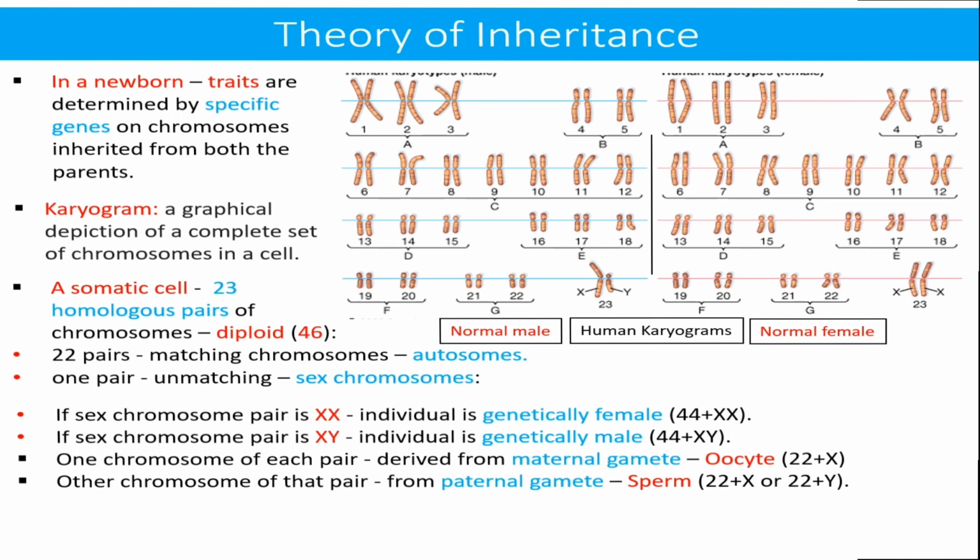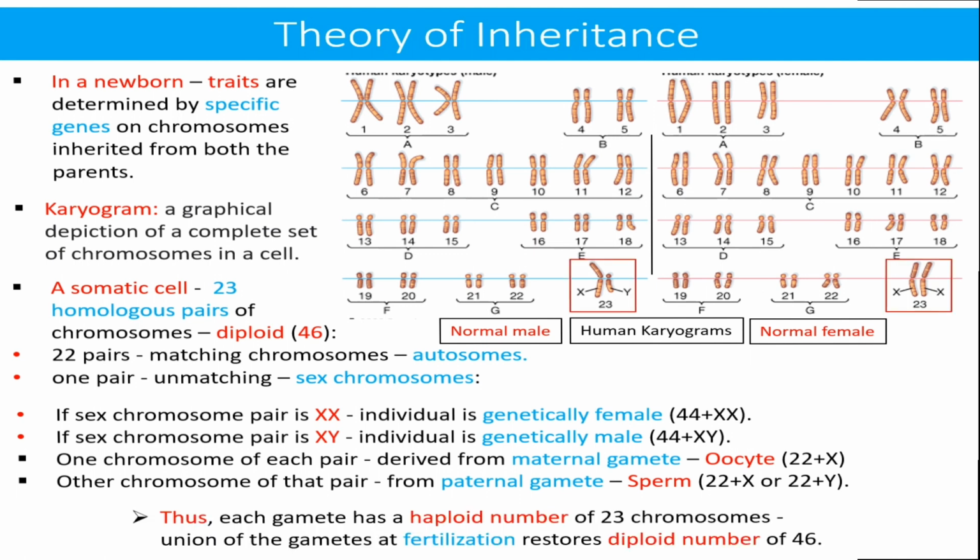One chromosome of each pair is derived from the maternal gamete, the oocyte, and the other comes from the paternal gamete, the sperm. Thus, each gamete has a haploid number of 23 chromosomes, which on union of gametes at fertilization restore the diploid number of 46.